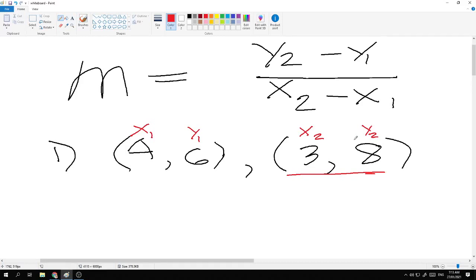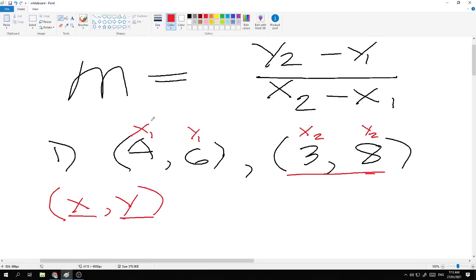Yes, what's your question? How do you determine which is x sub 1? In a coordinate, you'll have x followed by y. We had this already. This is what you call the x coordinate and the y coordinate.